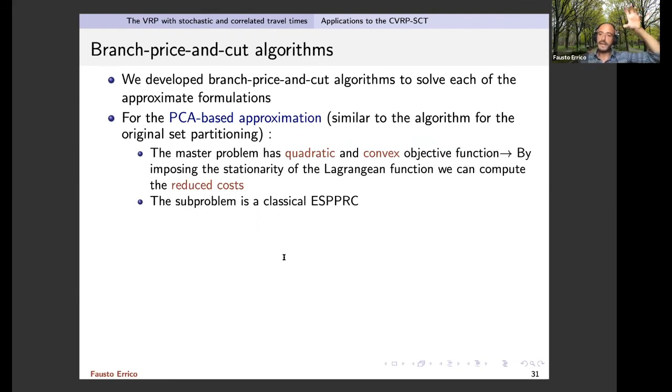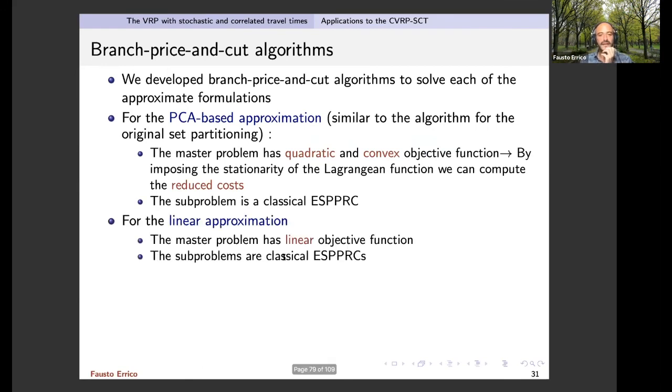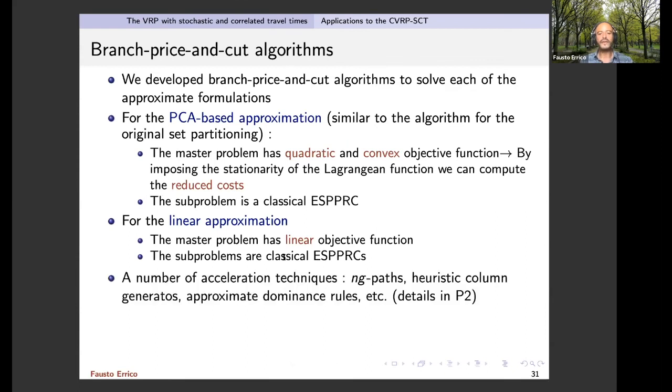We have a master problem with a convex quadratic objective function, we impose linearity of the Lagrangian, we find the reduced cost, and the subproblem is a classical elementary shortest path problem with resource constraints. For the linear approximation, it's a linear master and a linear subproblem. And we use GENCOL, so a number of acceleration techniques are implemented there. I'm not going to go into the details; I think I'm a bit tight with the time.